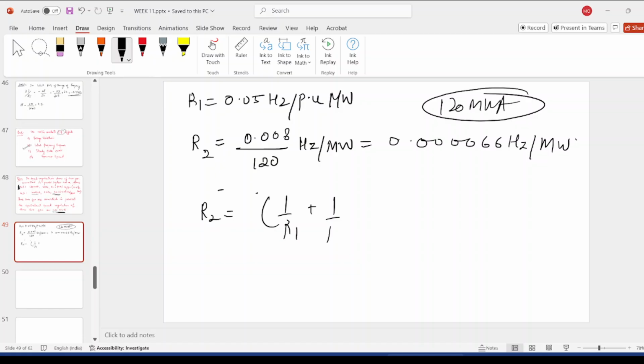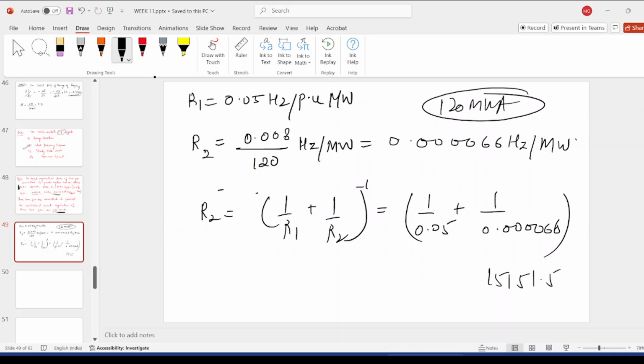So the equivalent R, as they are acting in parallel, will be 1 upon (1 upon R1 plus 1 upon R2). So if we solve it, 1 divided by R1 plus 1 divided by 0.000066, its value comes out to be 151.515 plus 20.